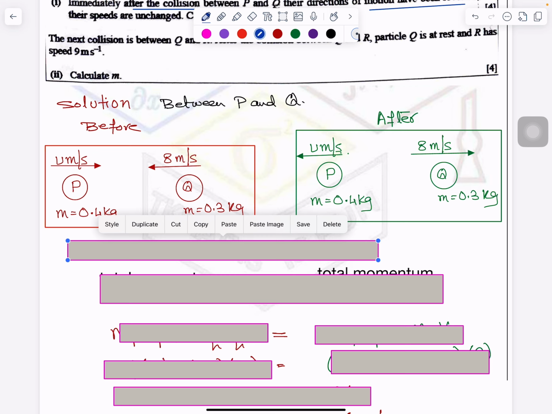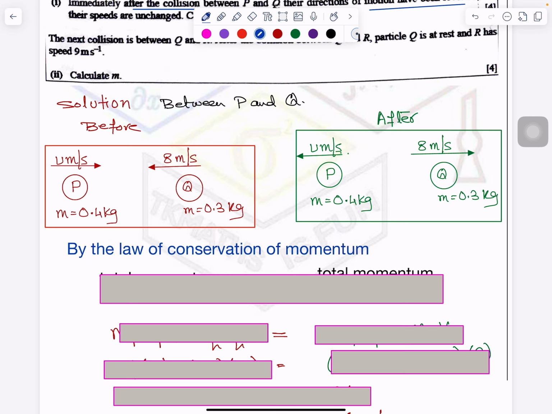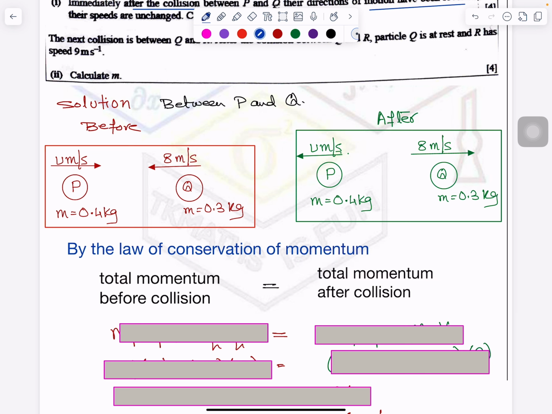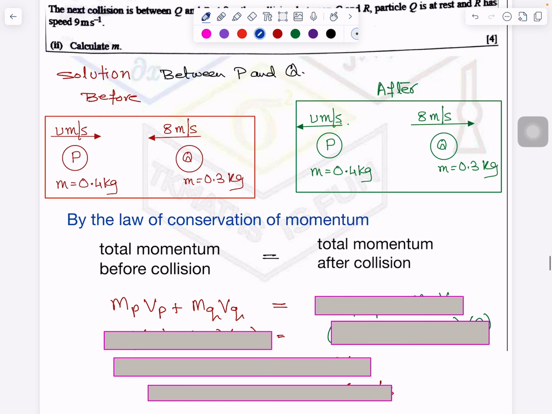Now according to the law of conservation of momentum, total momentum before collision and after collision is the same, for linear momentum. Momentum is the product of mass and velocity. Mass is in kg and velocity is in meters per second, which is the case in this question. So you write m and v for both particles before collision and substitute the values.